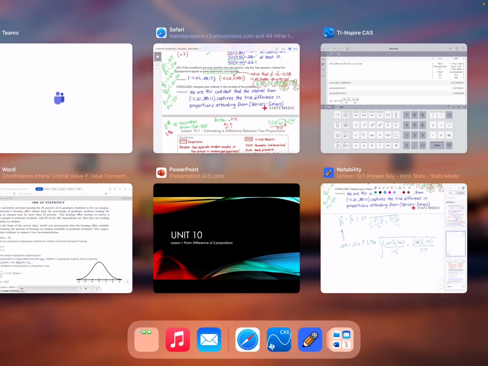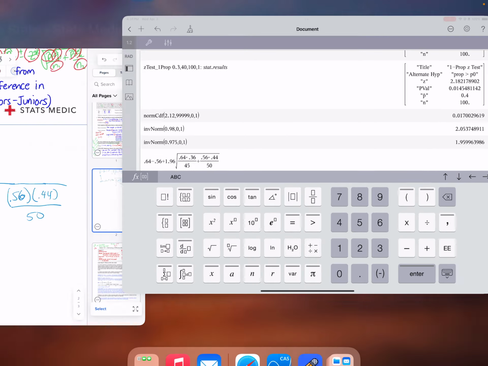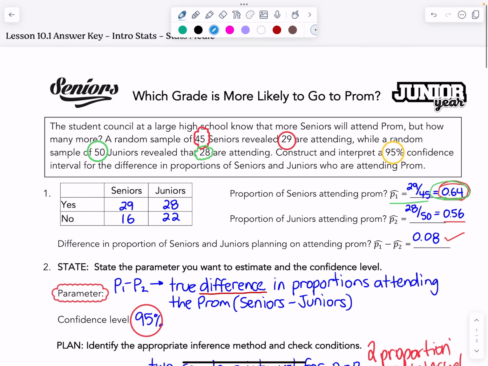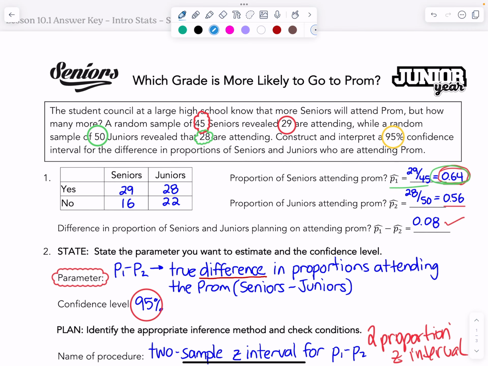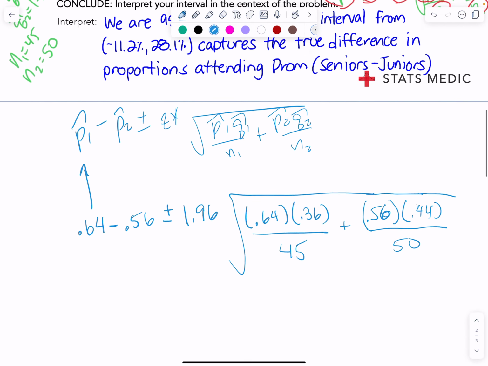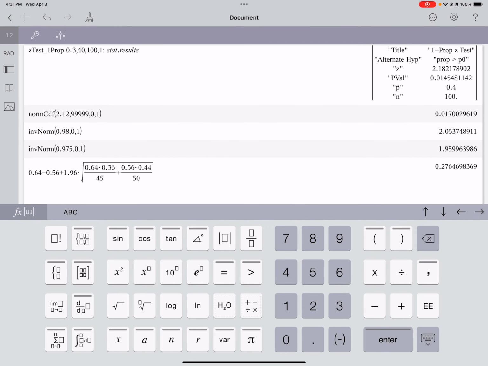Make sure I got it right. Oh, I've switched them. The 45 is supposed to be this one, and the 50 is this one. Let me double check, because the 64%, let's go back to our original data. Yeah, 64% came from the total of 45 seniors, and the 56% came from the total of 50. Okay, and so then I put plus, hit enter, and that's 0.27.